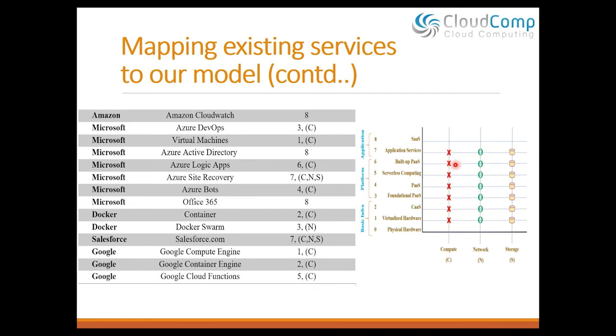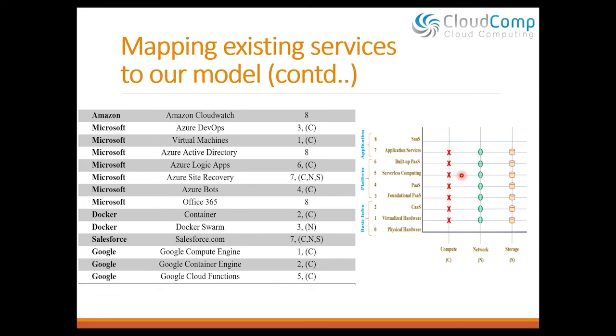And finally Google Compute Engine 2C, container engine, Compute Engine 1C, and Google Cloud Functions as 5C. So this is how we find that every application, every product can be very easily mapped onto this model that we have proposed.